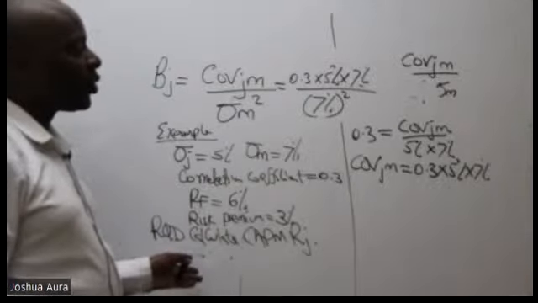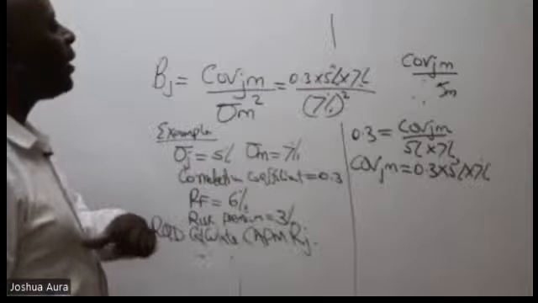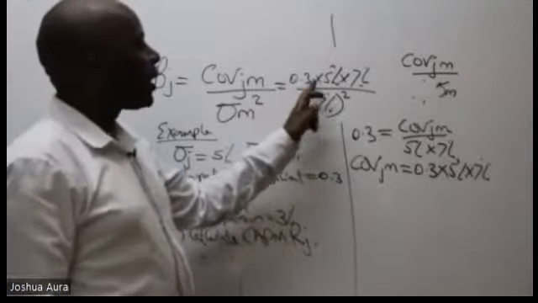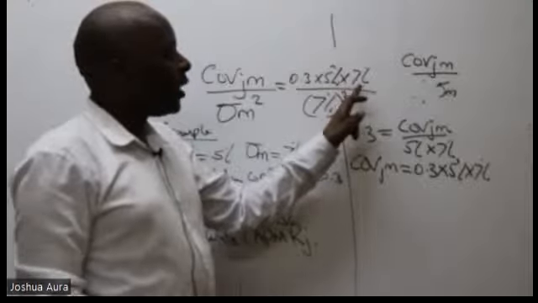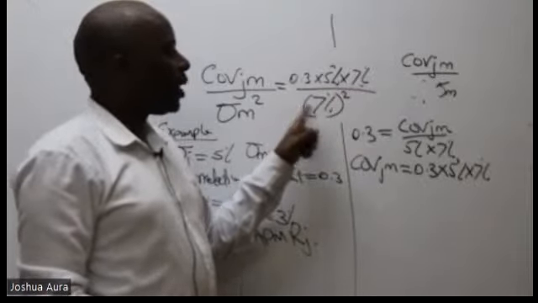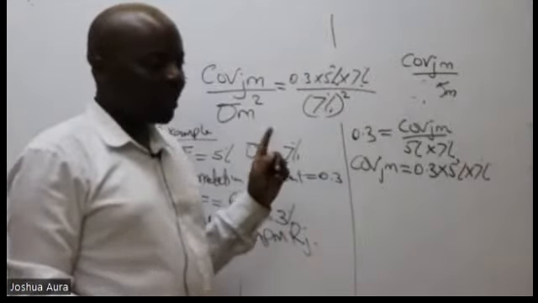I'll still get the same answers. So now using your calculator, could you kindly compute 0.3 times 0.05 times 0.07 divided by 0.07 squared, and then you give me an answer.